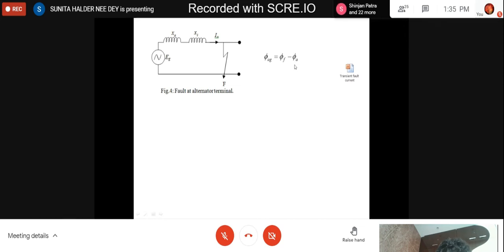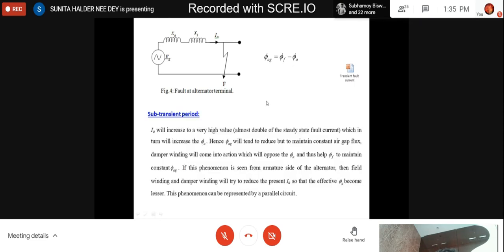So two inductors are producing flux to develop the induced EMF, and one winding is producing flux which will oppose that induced EMF. Then what will be the equivalent circuit?